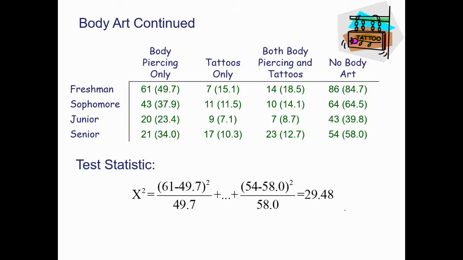So our chi-squared statistic is 29.48. Remember, we said there were 9 degrees of freedom. So what would our p-value be then?